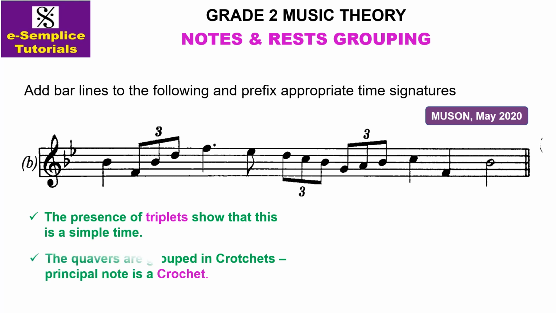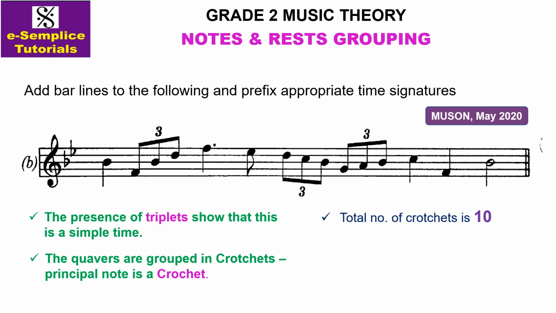Now the next thing is the quavers are grouped in crochets. That means the principal note will be a crochet, and a crochet is represented by 4. So the next best thing is just look at the total number of crochets. You'll find 10 of it.